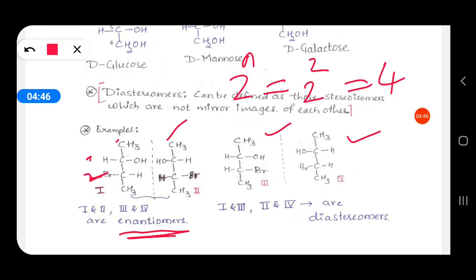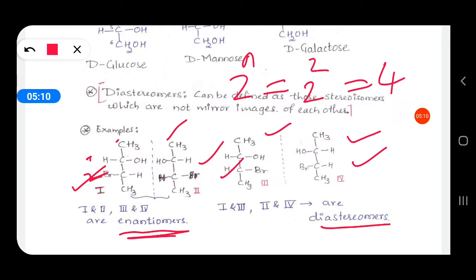But see structure 1 and structure 3. These two are isomers, but they are not mirror images of each other. So these structures are called diastereomers. Structure 2 and structure 4 are also not mirror images, but they are isomers, so they are called diastereomers.